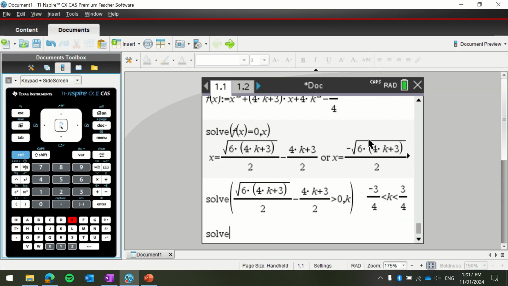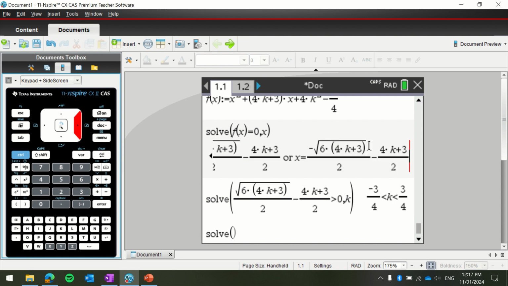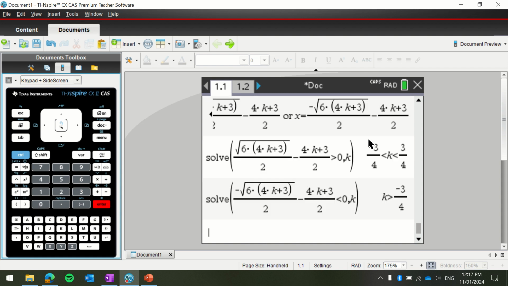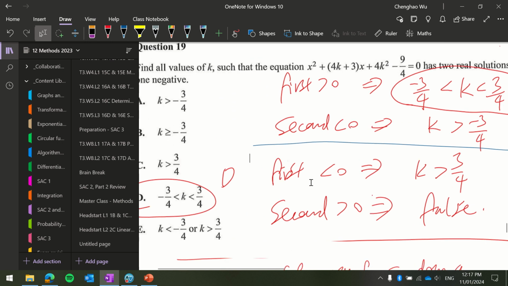At the same time, you want the second answer to be negative. So you come up, go to the right, and you hold shift, and you go to the left until you select what you want. You enter. You want this to be negative. You solve for k and you write that down. And so I've written it down here. And then you do the other case.